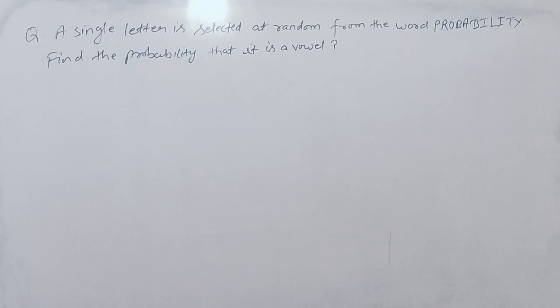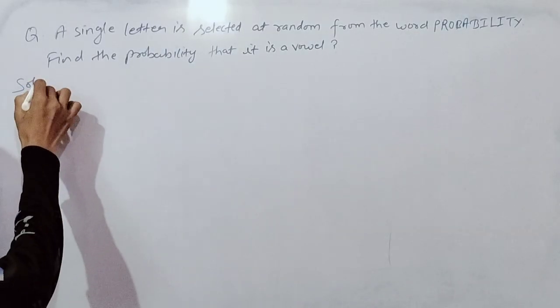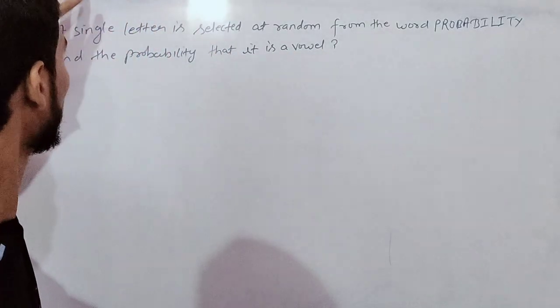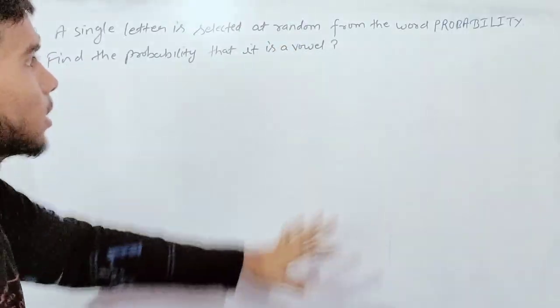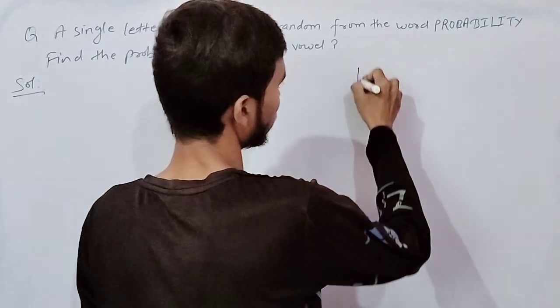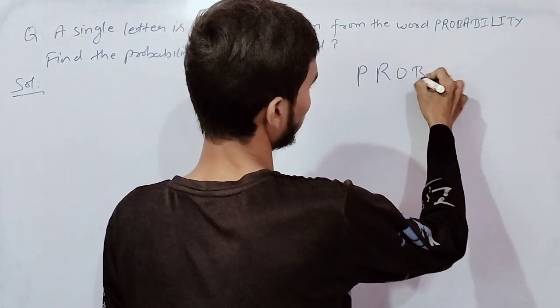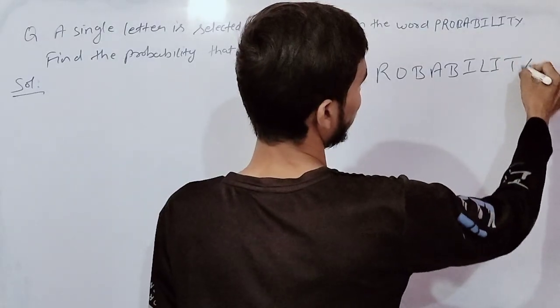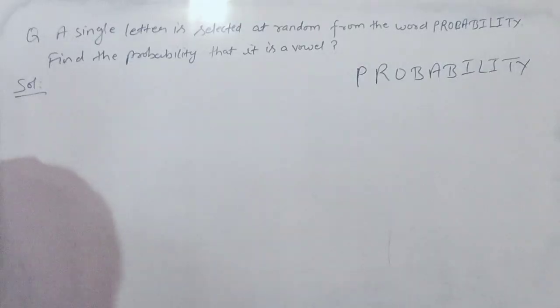This is a computation question. Here, a single letter is selected at random from the word PROBABILITY. Find the probability that it is a vowel.